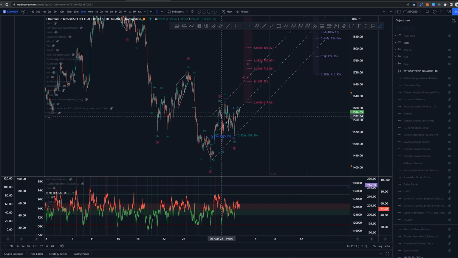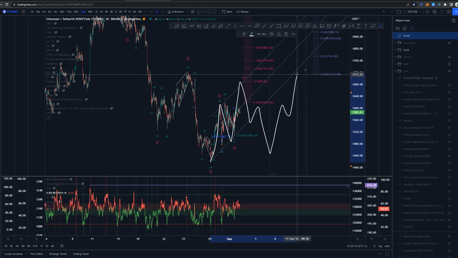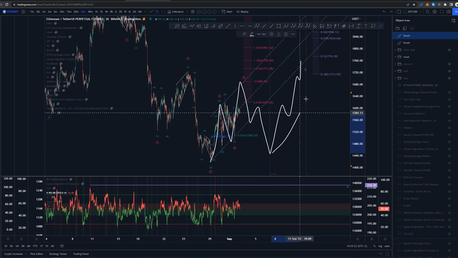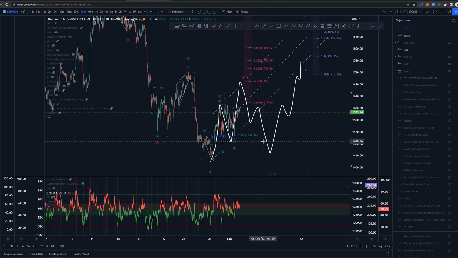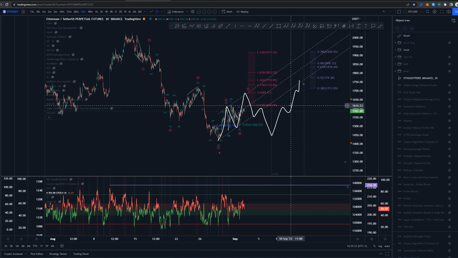So to my idea, we're not going to be creating this B wave as of yet, and instead we would be creating a 3-wave structure, and then depending on these first 2 legs, we're going to be looking at what this last leg is going to be doing, but we're going to be doing something a bit larger and longer in time in general.